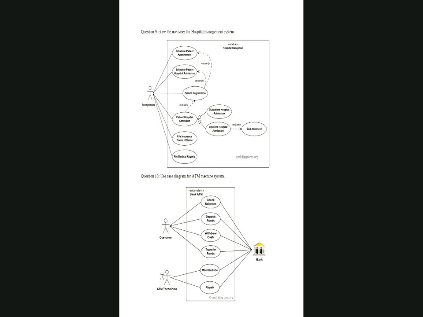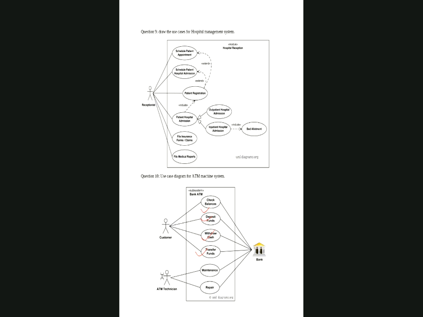Now in ATM, the use case diagram for an ATM machine: you have a customer, you have a bank, and you have an ATM technician. The ATM customer will come to withdraw an amount, deposit an amount, check balance, or do a transfer, right? The technician will not come to do these things. If he is doing all these things, then he is not a technician, he will be a customer.